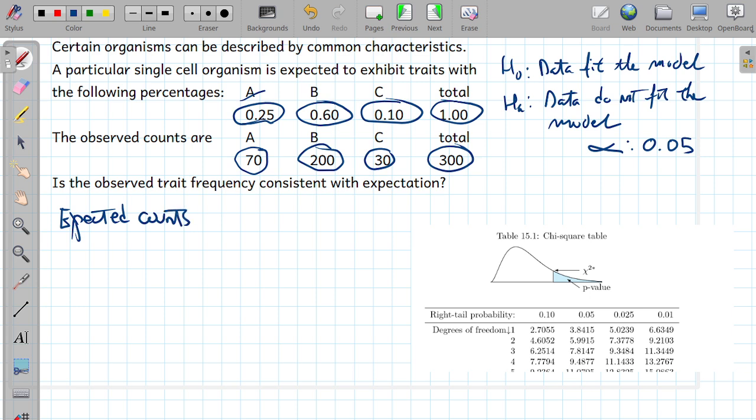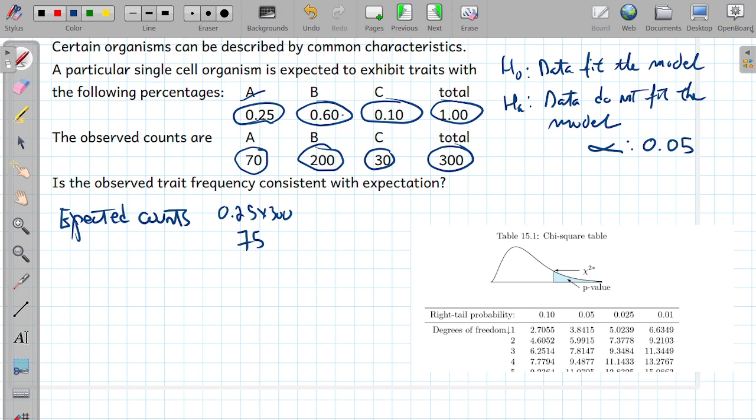Okay, so for category A, I need 25% of 300. So this would be 0.25 times 300, and that's 75. The observation of 70 isn't terribly different from 75.